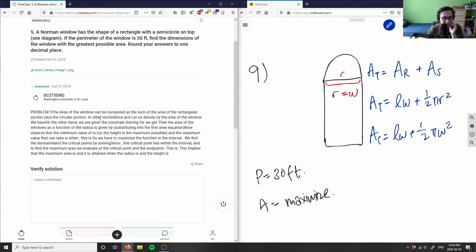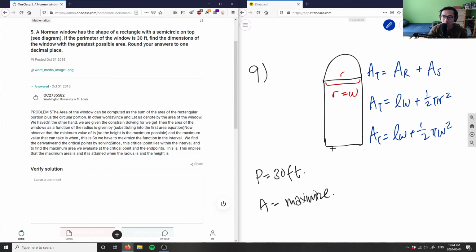It goes on: we have to maximize the function in the interval, find the derivative and the critical points, evaluate the critical point and the endpoints, and the maximum area is attained when the radius is something. So clearly, this is a copy and paste of something else, and unfortunately we don't get the answer for this problem.